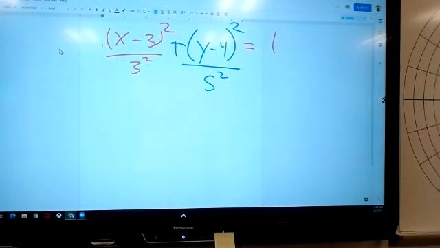Ellipse. Why? Because one side's taller than the other. That's the answer. They're not the same. If they were the same, it's a circle. If it's not the same, it's an ellipse. Okay. Where's the center? 3, 4.